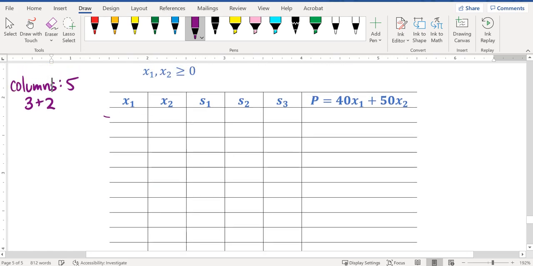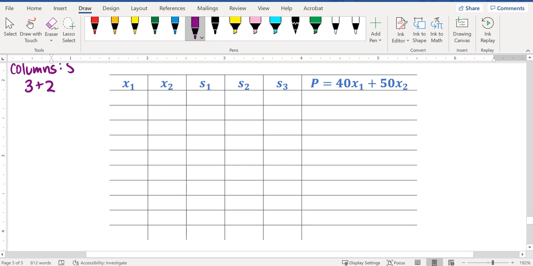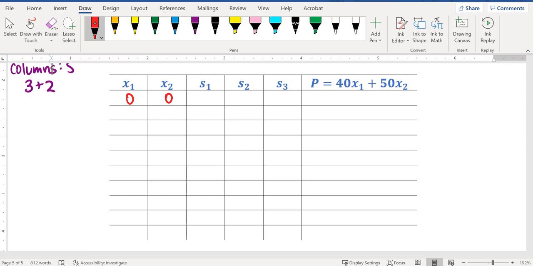All right, now I get to pick where I put my zeros. There's a method to my madness. X1 and X2 are 0. X1 and S1, X1 and S2, X1 and S3. Then I'll do X2 and S1, X2 and S2, X2 and S3.